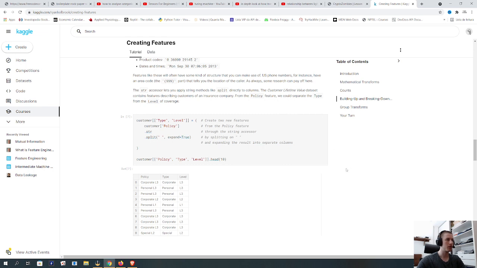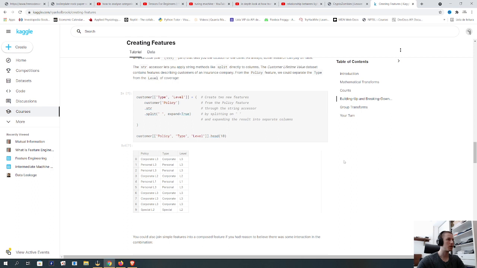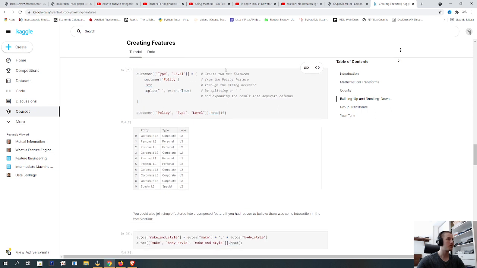The customer lifetime value dataset contains features describing customers of an insurance company. From the policy feature, we could separate the type from the level of coverage. Create two new features from the policy feature through the string accessor by splitting.